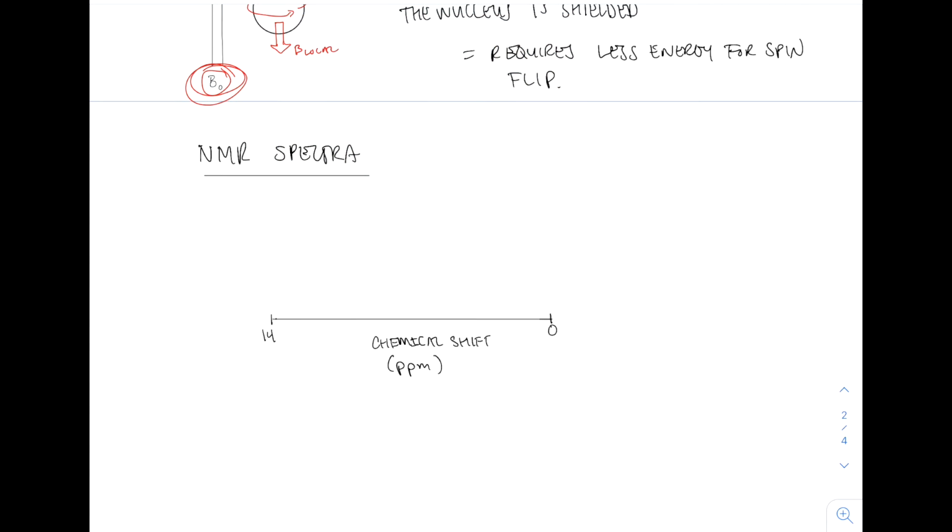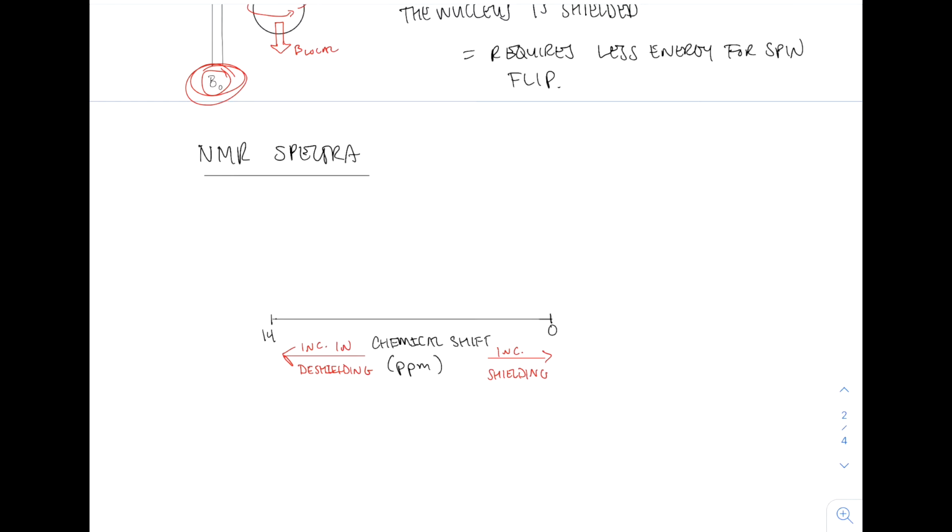Now, as we go from right to left, we see an increase in de-shielding. Okay, and then as we go from left to right, we have an increase in shielding.